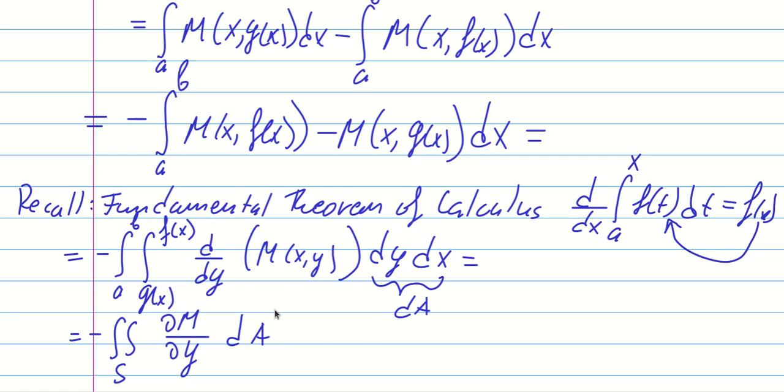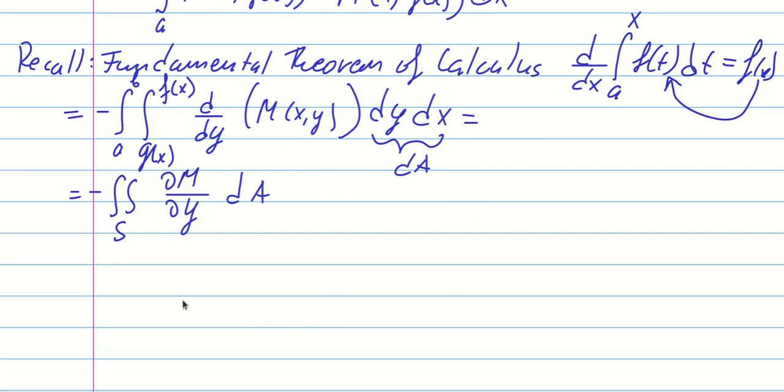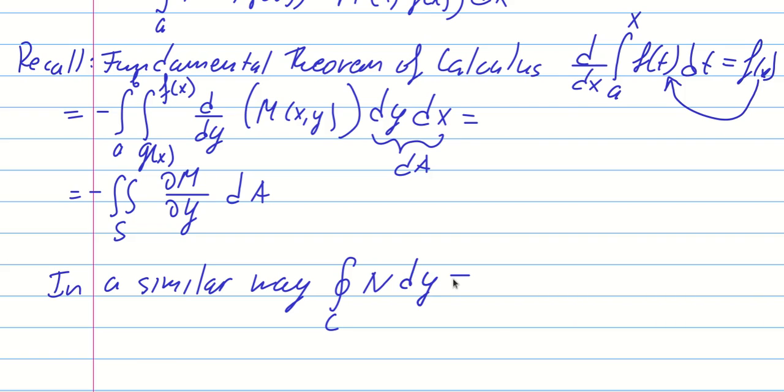All right, and then for n it's the same way. In a similar way, the line integral for the closed line C of n dy will be equal to the double integral over S of the partial of n with respect to x, dA.